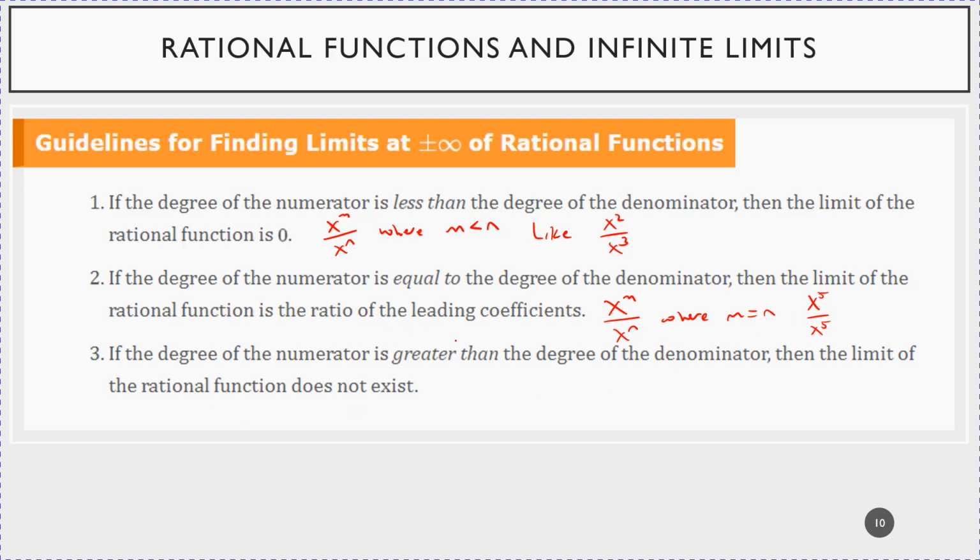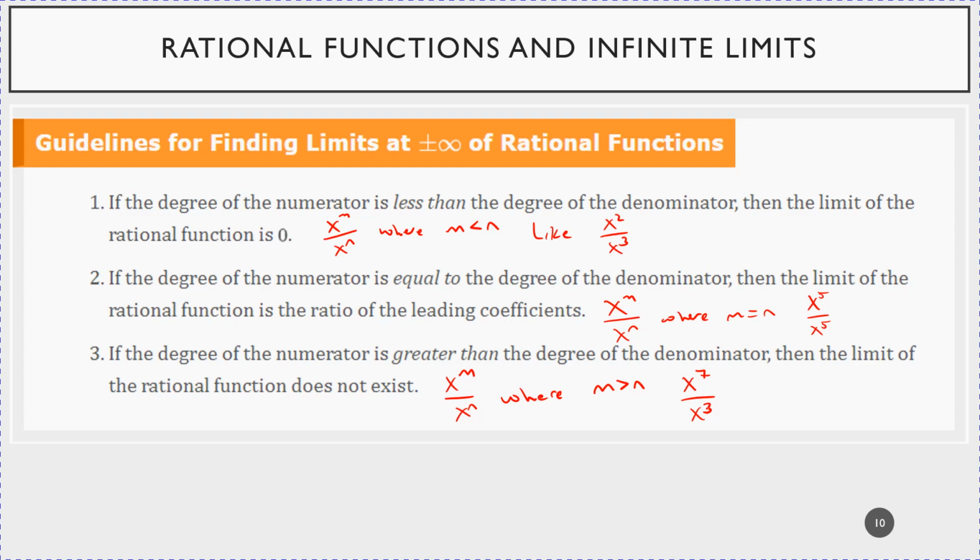And if the degree of the numerator is greater than the degree of the denominator, then the limit of the rational function does not exist. It increases or decreases without bound. So this is where m is greater than n. So something like x to the 7th divided by x cubed. It's just going to go to positive or negative infinity.